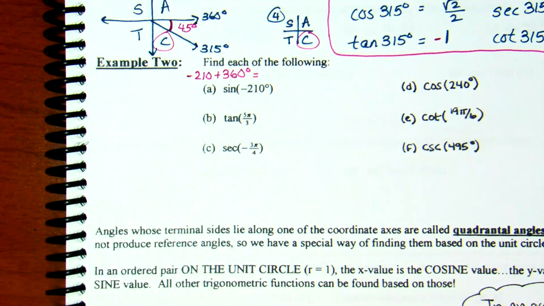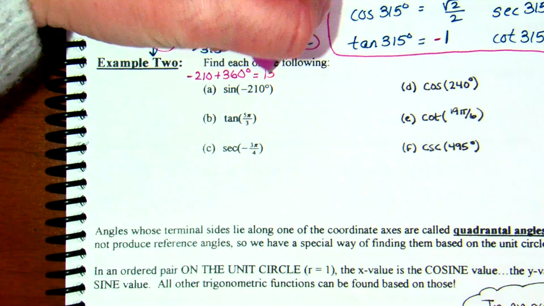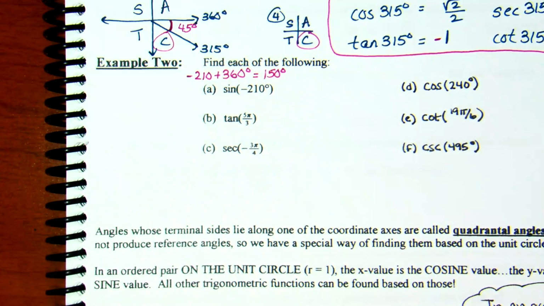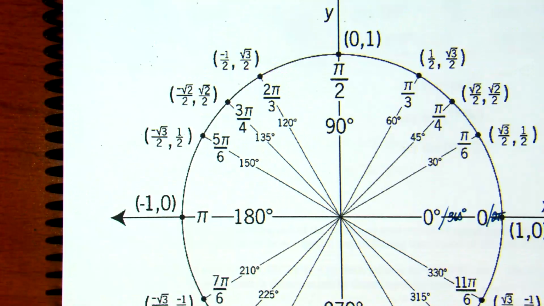But take negative 210 and add 360. And so what we're finding is a coterminal angle. We're finding another name for the same angle in that quadrant. Negative 210 plus 360 is 150 degrees. If you were struggling with negative 210, can you visualize 150 better?